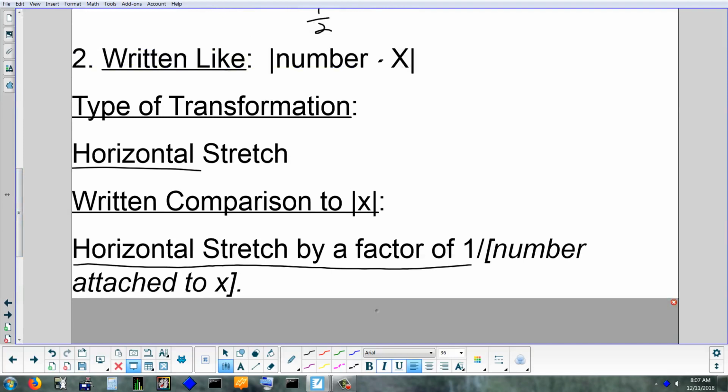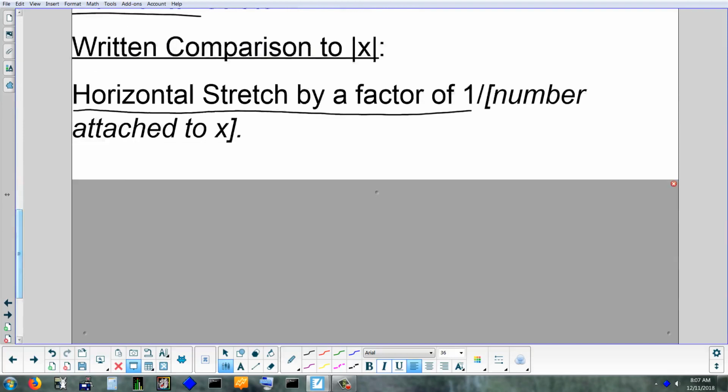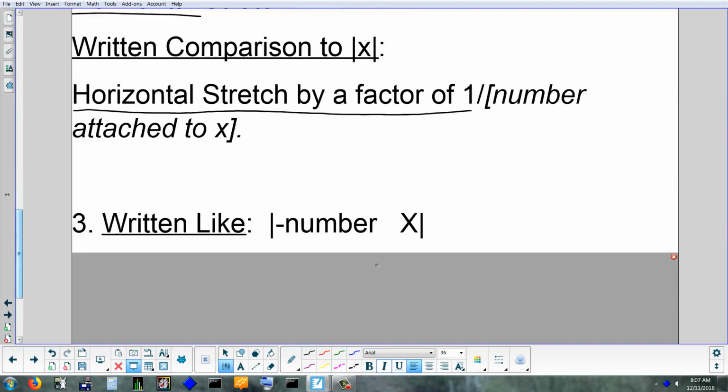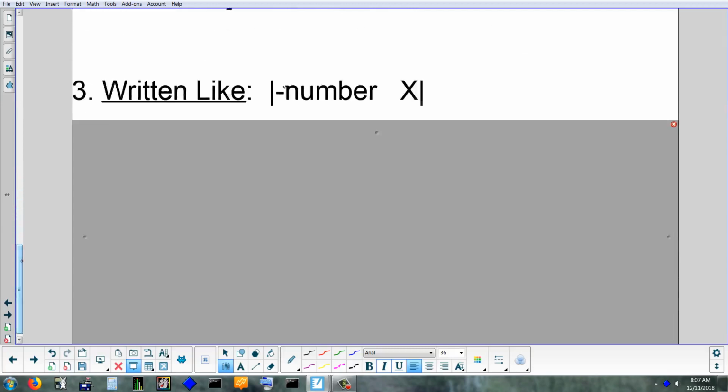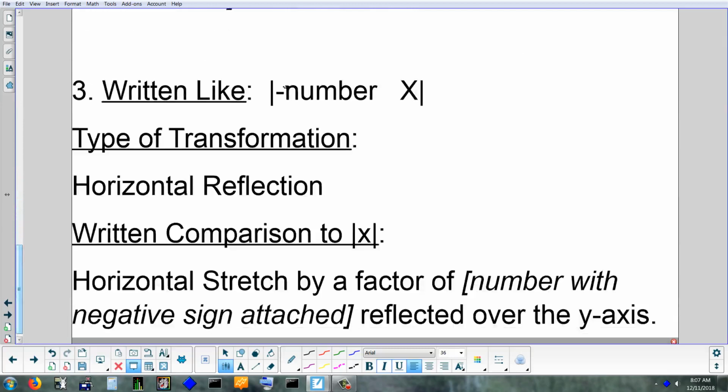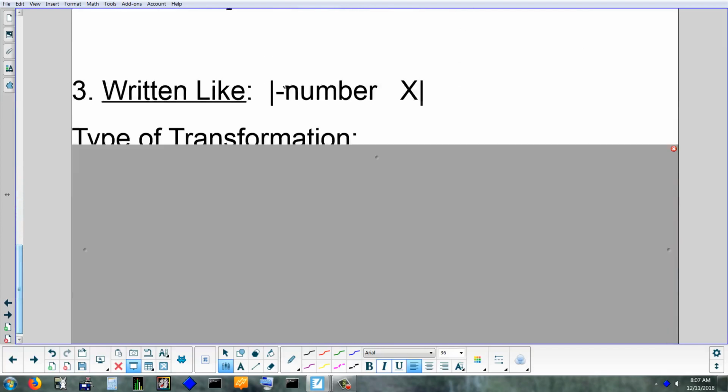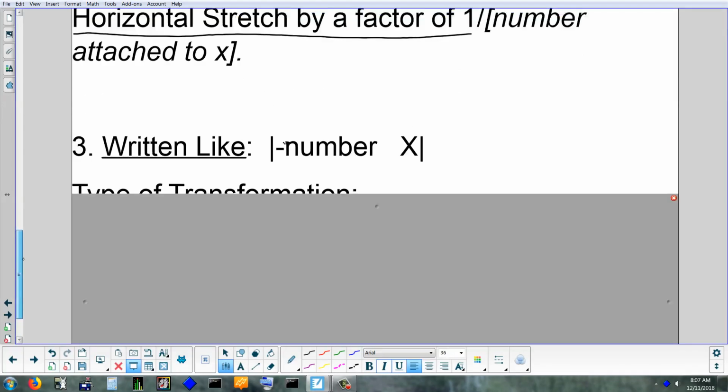Remember, inside the bars is your horizontal. So right there, negative. Let me just double check before you write that. Yeah, just write it like this.